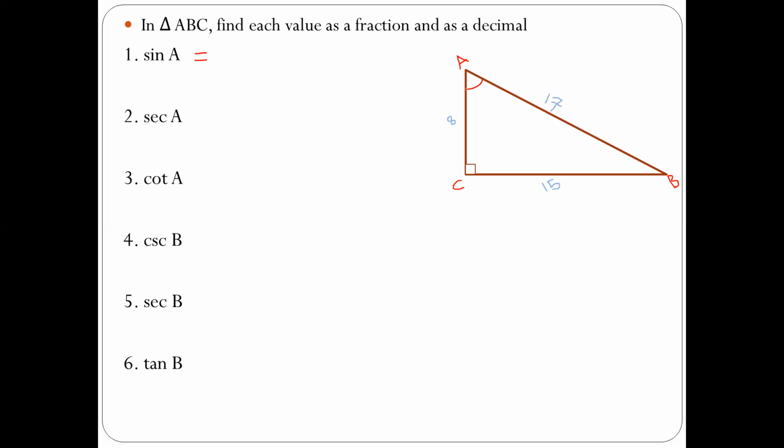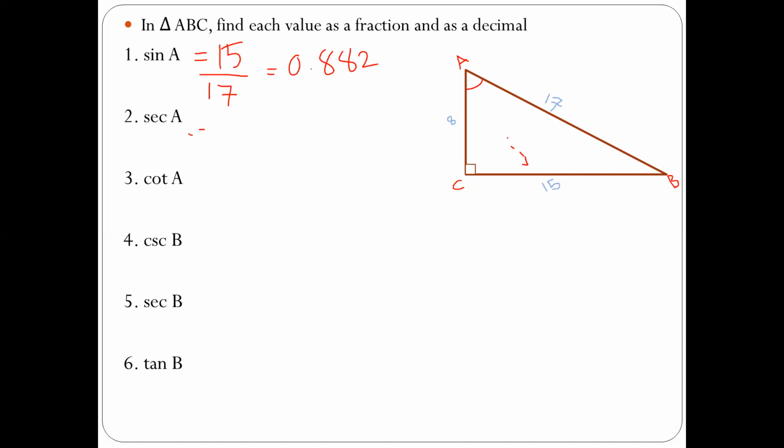What is the opposite of angle A? 15 over, what is the longest side, the hypotenuse? It is 17. So it is 15 over 17, and as a decimal it is 0.0882.